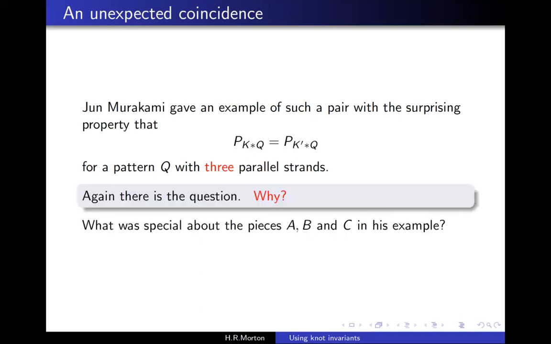So again, the question was, what was special about them? What was special about the pieces A, B, and C that he and Ochiai had used?